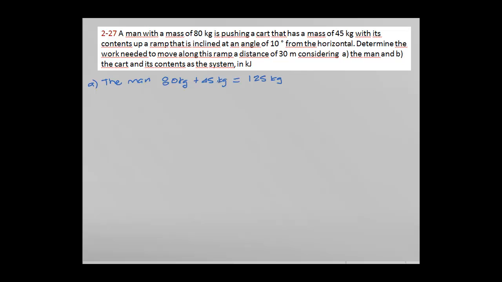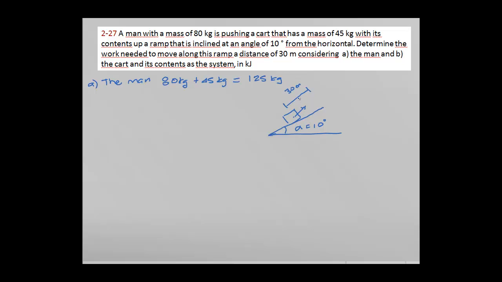Now, let's do a diagram here. We have the horizontal, our 10 degrees. And then we have the mass that we need to move in this direction for 30 meters.